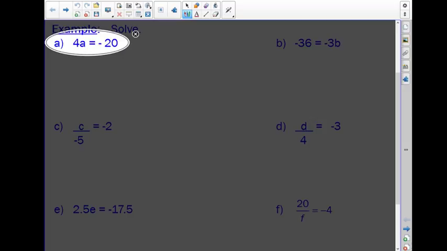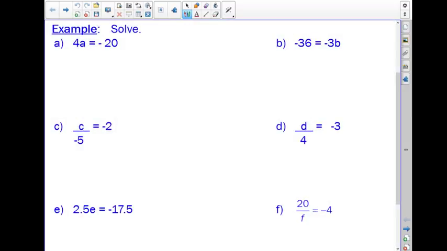And there's nothing that looks like it's between the 4 and the a. So when there is nothing between a number and a letter, what that means is 4 times a. So it means 4 is being multiplied by a.